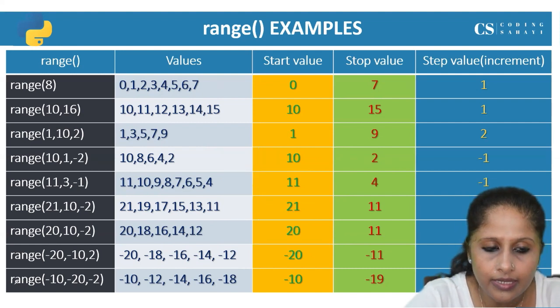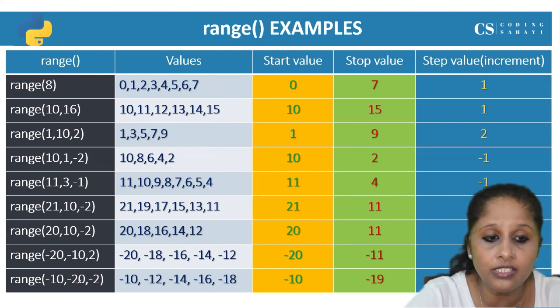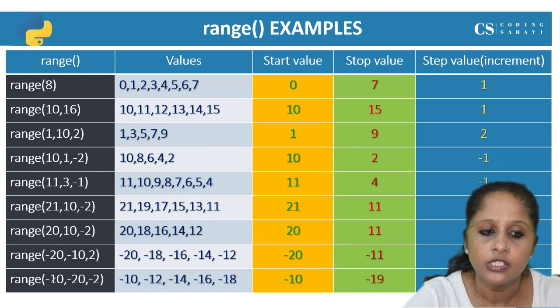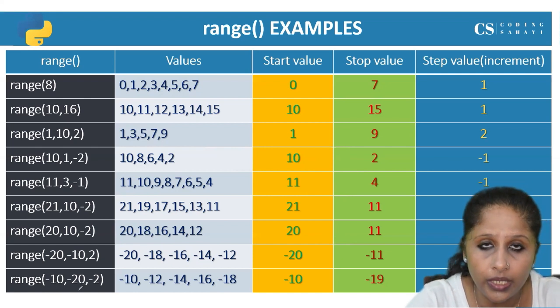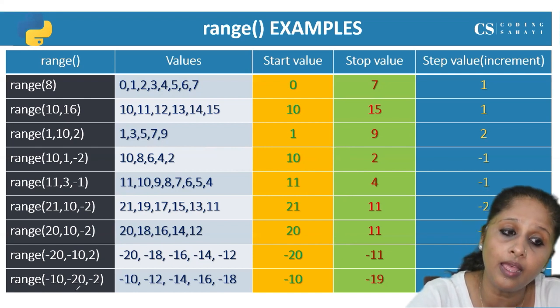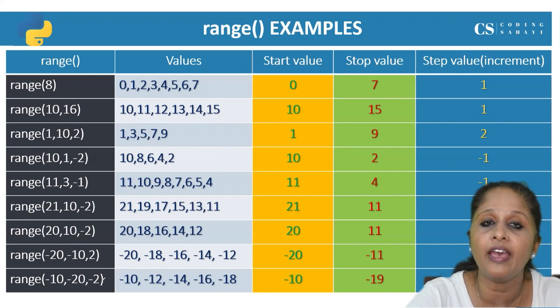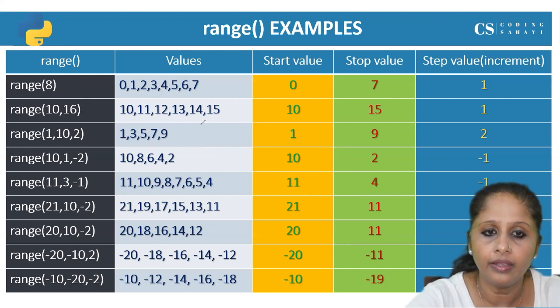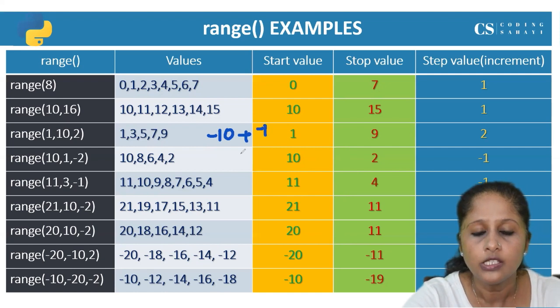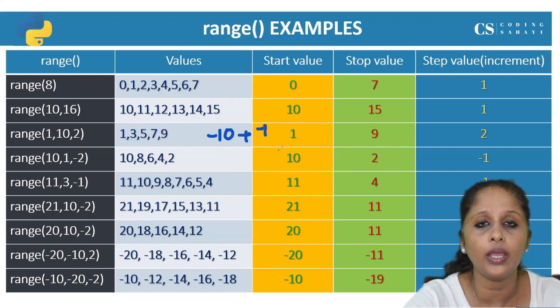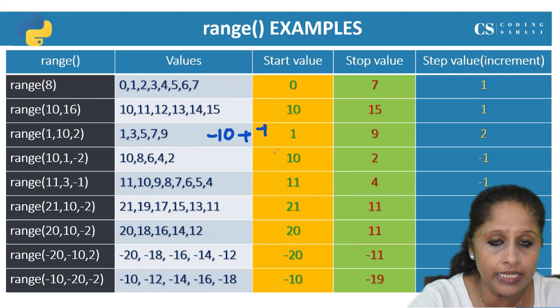Then our last question, that is range of minus 10, minus 20, minus 2. So all the values are negative. So here the start value is minus 10 till minus 20 it is executing. So what is the last value if the step value is minus 1? Here it is from minus 10 plus minus 1, right? So here minus 11, minus 12 like that till minus 19.